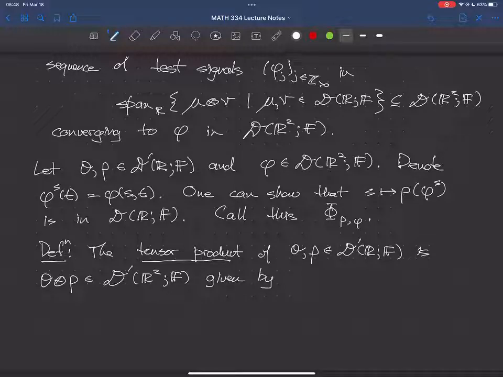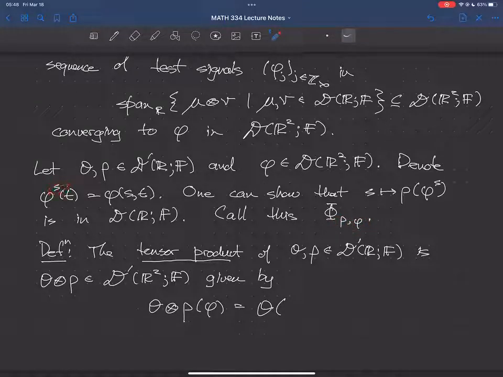Taking a test function phi in two variables, just like I had here, it's theta applied to this test signal. The idea is first I hit phi with rho, fixing one of its arguments.